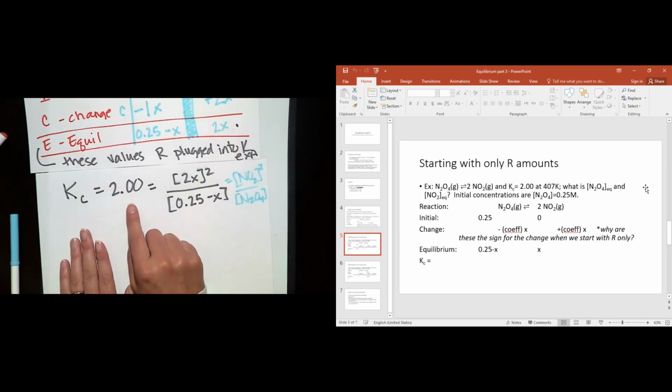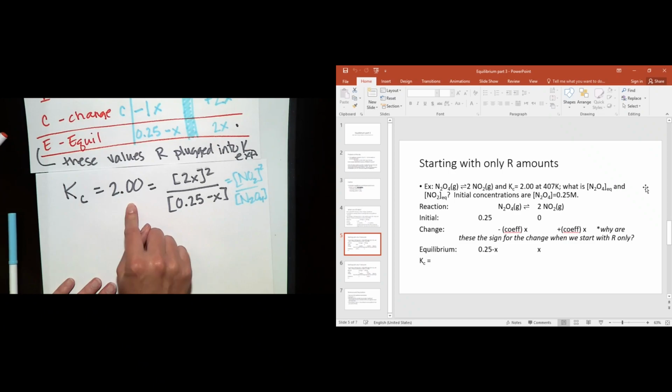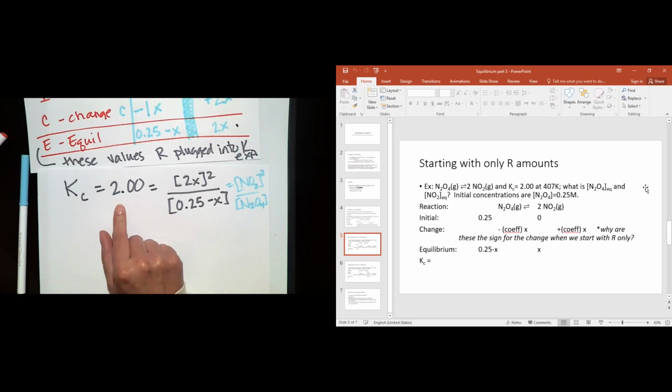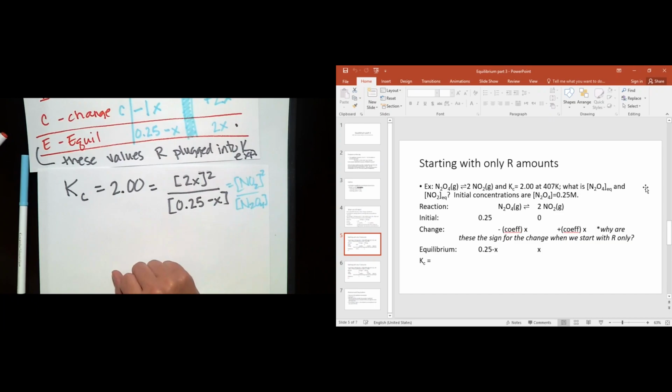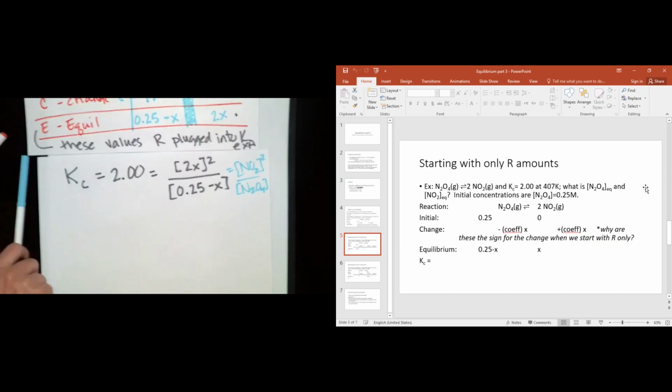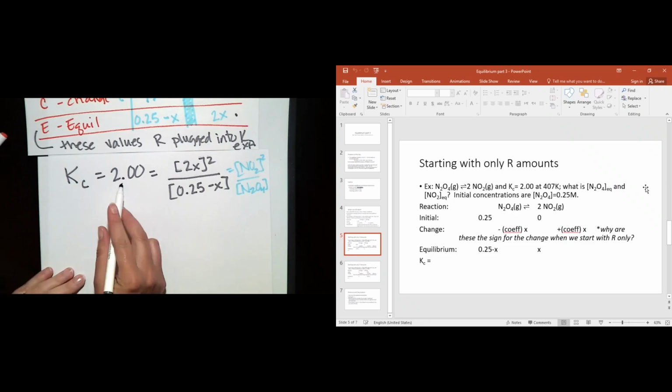Okay, I set it equal to the value of K that's given in the problem. Occasionally you'll have sort of a twist where you're asked to find K. Well, that means you're given one of the equilibrium concentrations. We'll do a problem like that in a few videos. Okay, so let's get started with everyone's favorite algebra.